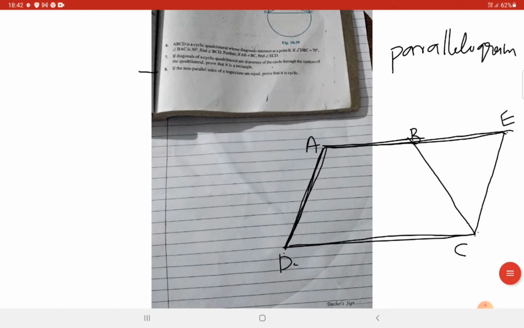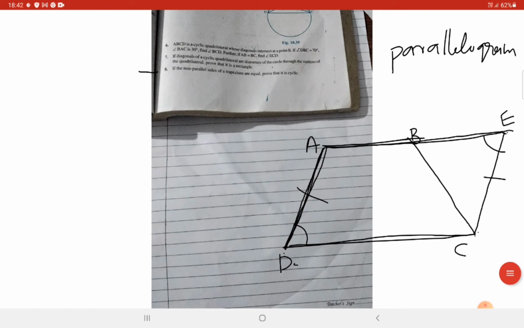Okay, now what is the property of a parallelogram? Its opposite sides are equal. Opposite angles are also equal. So opposite sides means AD and CE are equal. Now opposite angles means angle E and angle D are equal. We are taking only these pairs.